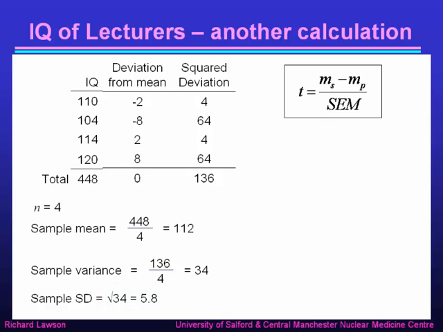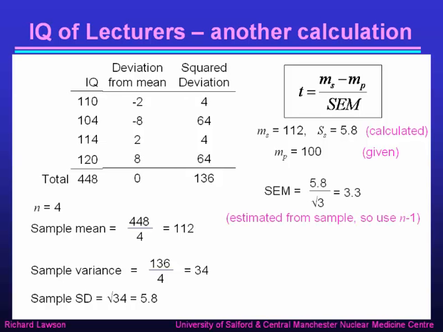The formula for t is ms minus mp over the standard error of the mean. We know that ms is 112, we've just calculated that, and we just calculated ss, the sample standard deviation, to be 5.8. mp, the population mean, is 100, we are given that. We need to calculate the standard error of the mean.